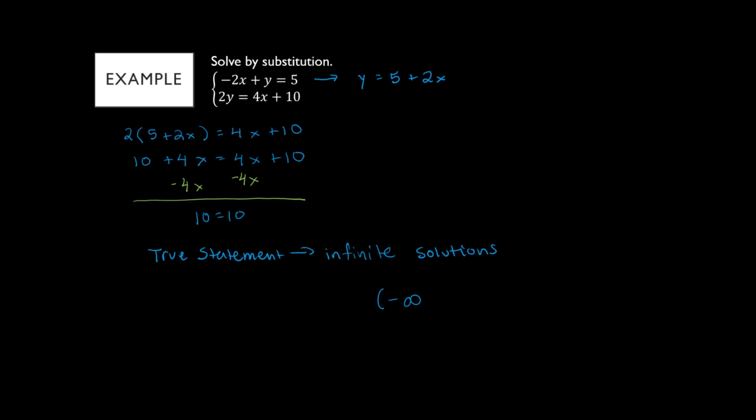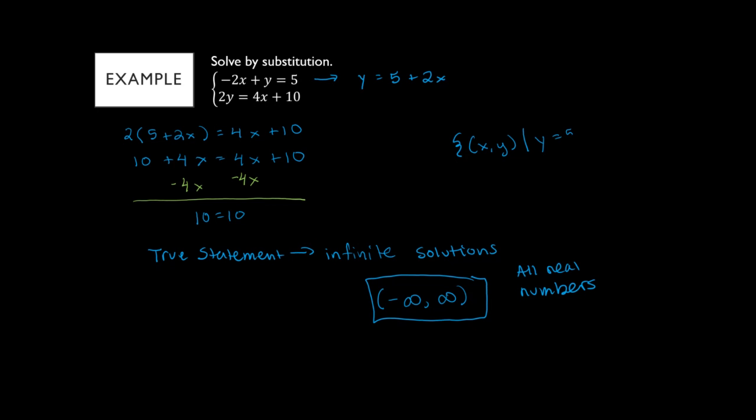So we could write it in interval notation, negative infinity to positive infinity, because the solution set is basically any possible number. You could write all real numbers. And another option is to write it as a set, where you say it's some ordered pair x comma y, where, and then you take your equation that you solved, y equals 5 plus 2x.